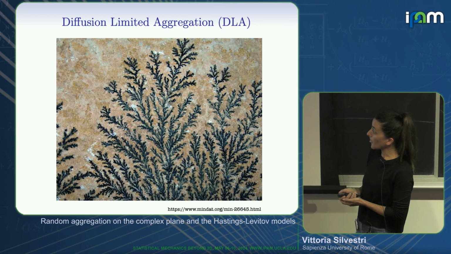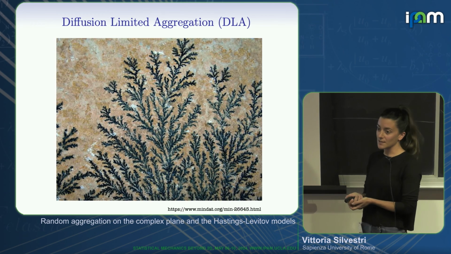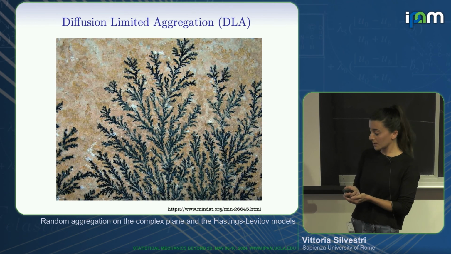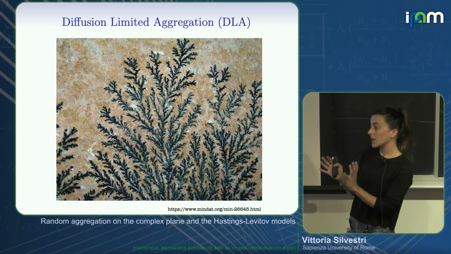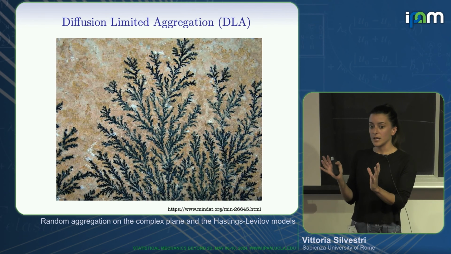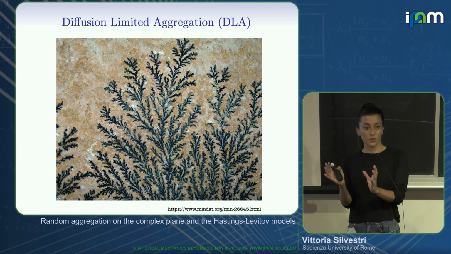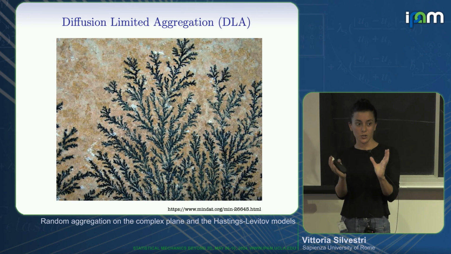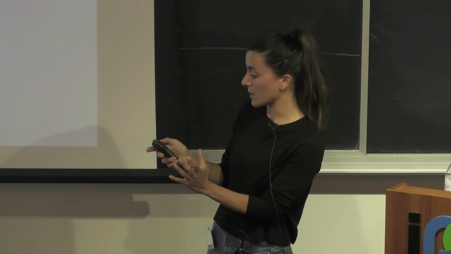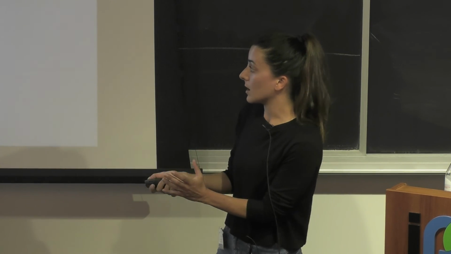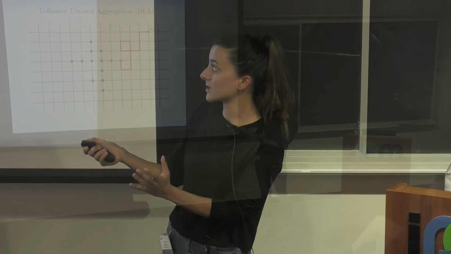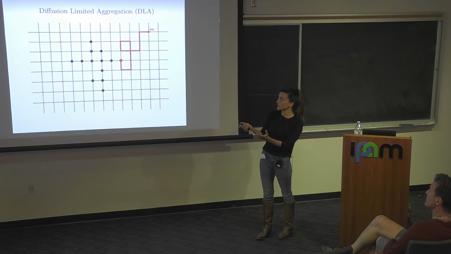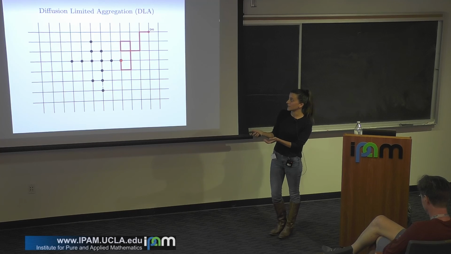Okay. Another famous model which falls in this class is diffusion limited aggregation. If you think about the bacteria colony example which I showed you at the beginning, you should think of the Eden cluster as the high nutrient regime, whereas diffusion limited aggregation is the low nutrient regime. So your bacteria colony is just a set of vertices, a connected set of vertices in Z^d.